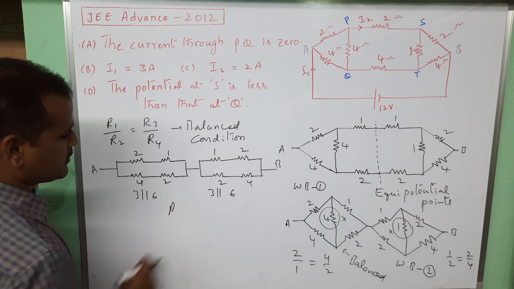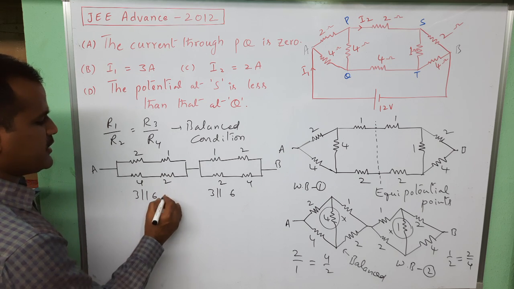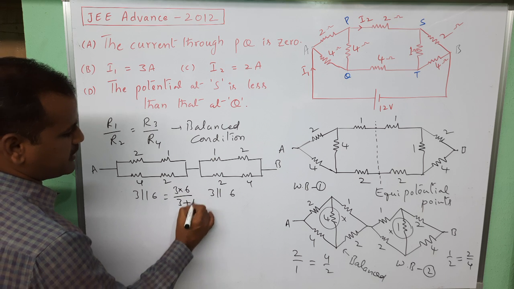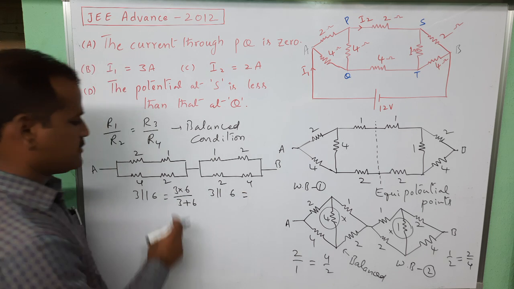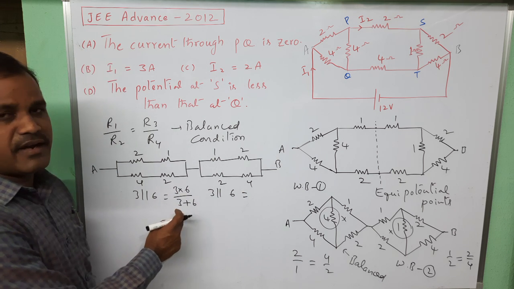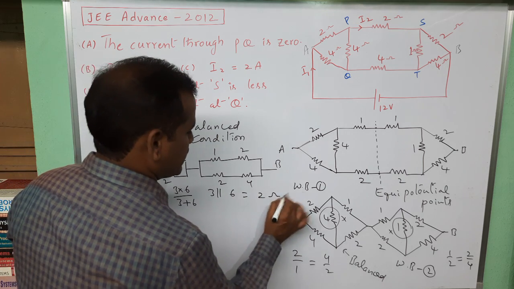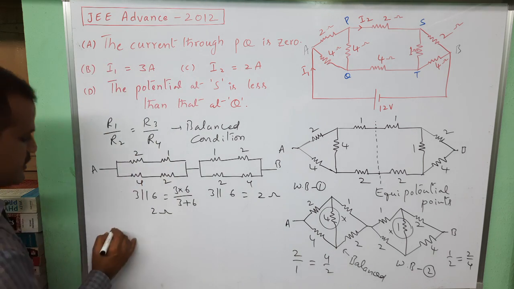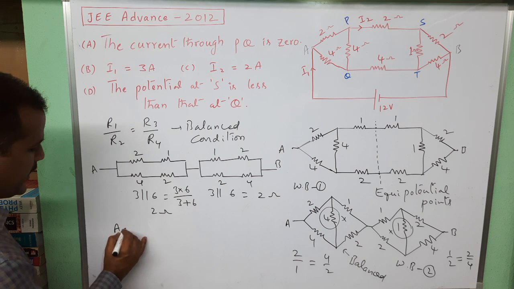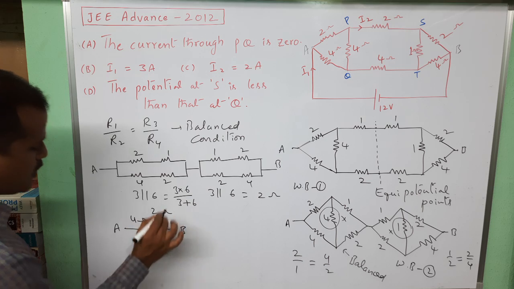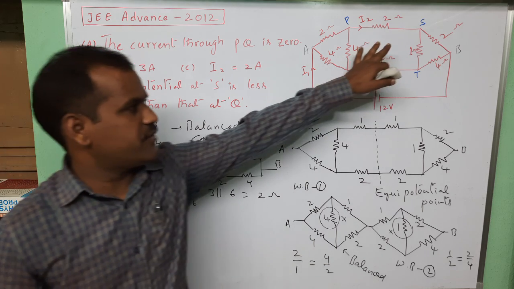That means 3 ohms in parallel 6 is equivalent resistance 3 into 6 divided by 3 plus 6. That means 18 divided by 9, 2 ohms. So here resultant 2 ohms, here also resultant 2 ohms. 2 ohms in series with 2 ohms, 4 ohms. So A to B, we can observe there is 4 ohms equivalent resistance in this circuit.